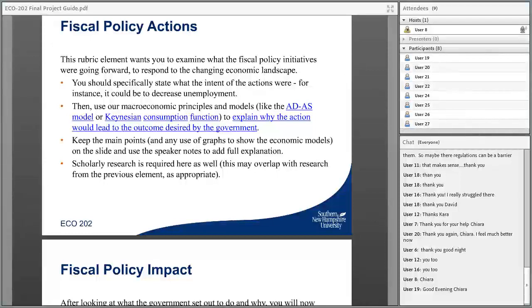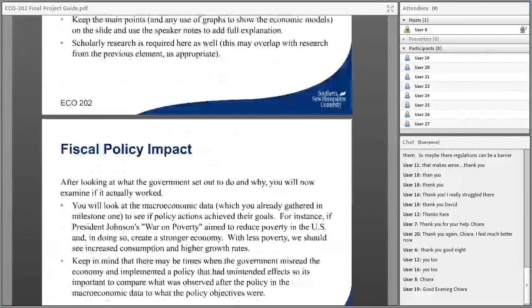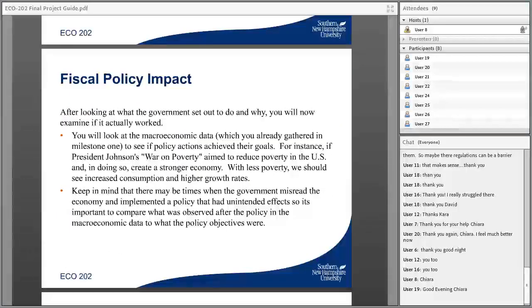And again, in this section, you will cite qualified scholarly resources that provide specific examples for the fiscal policy actions enacted during your decade. So the first time, in the first slide, you had the scholarly resources to establish the connection between the policy and the issue. In this one, you have scholarly resources that provide a specific example. And this is required to be exemplary.